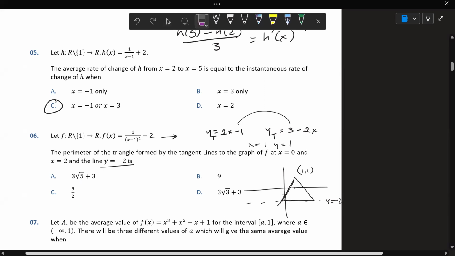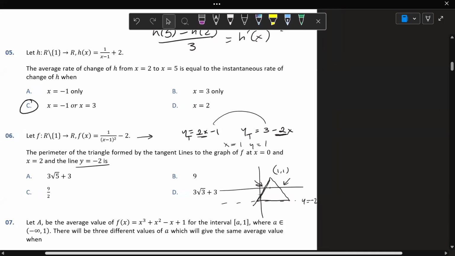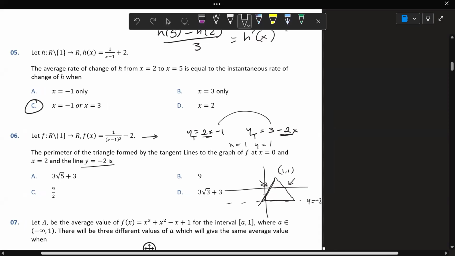We can see that this is isosceles because if you look at this, -2x, 2x, these two edges are the same length, and so we just need to find the distance of one of them. So this is (1, 1), and we need to find this point here. So that is 3 minus 2x. 3 minus 2x equals -2.